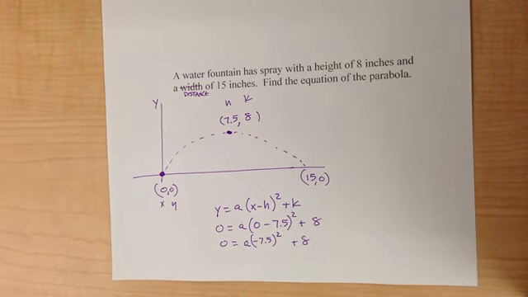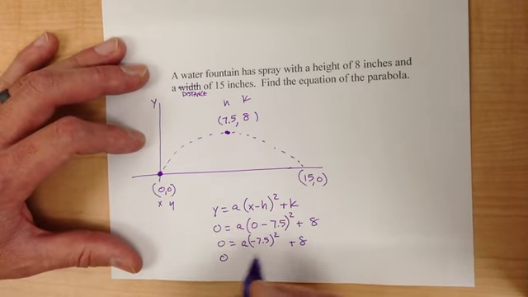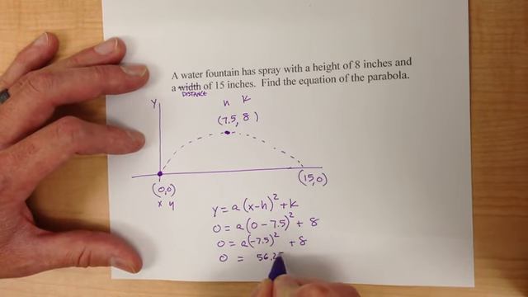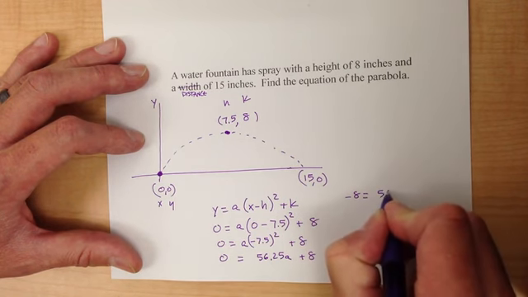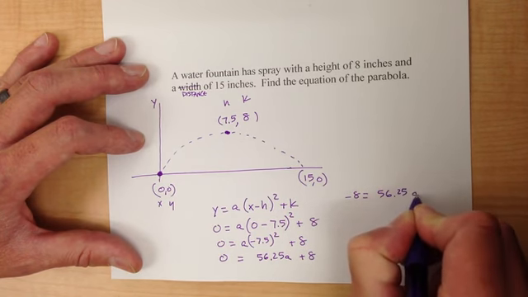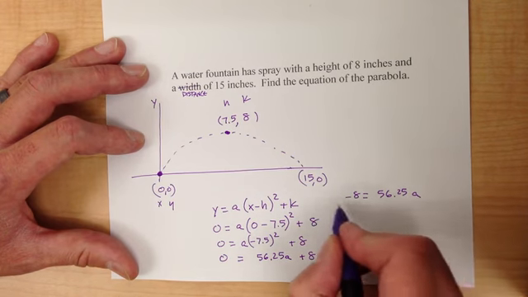Let's get 7.5 squared. So we have 0 equals 56.25a plus 8. Subtract 8 from both sides. Negative 8 equals 56.25a, divide both sides by that 56.25.